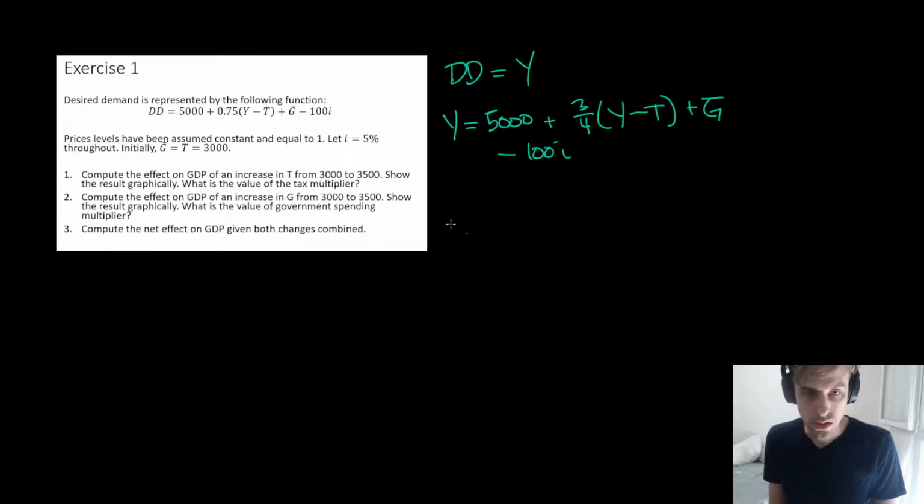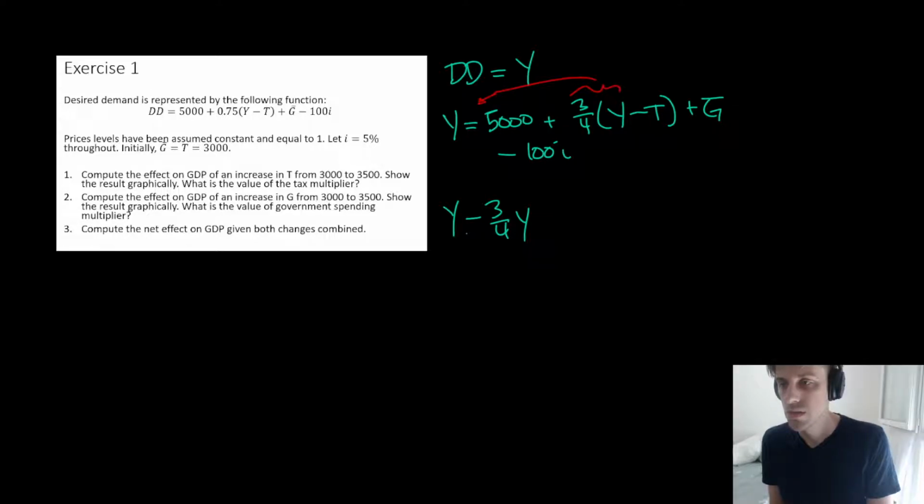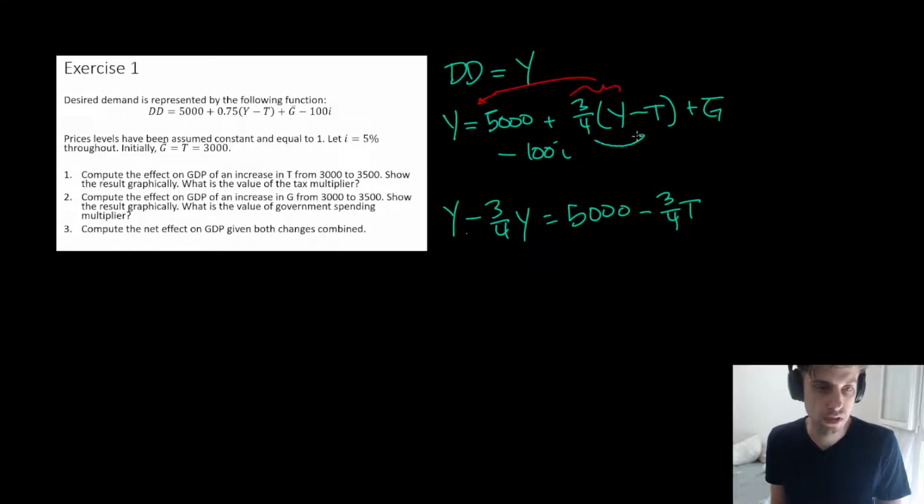So just algebra, we'll have Y minus 3/4 Y, and that came from this one here. I just took it over. That will equal 5,000 minus 3/4 T, which comes from this factoring, plus G bar minus 100i.